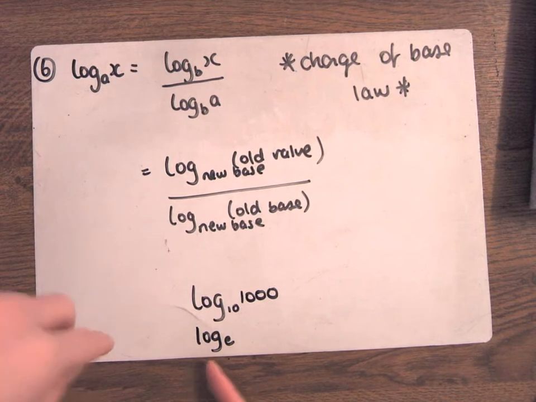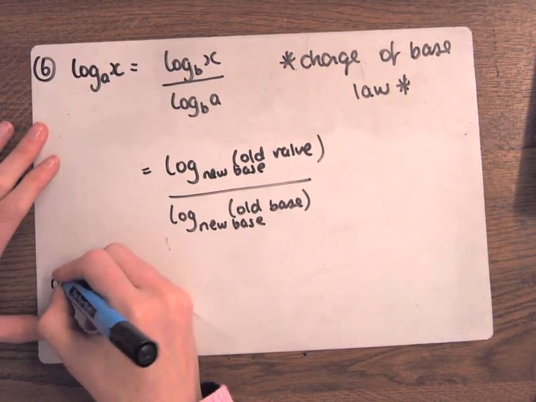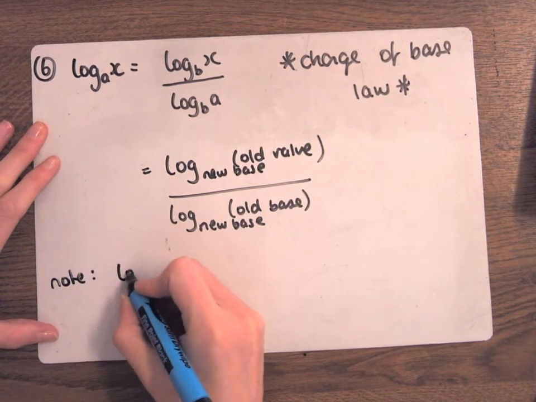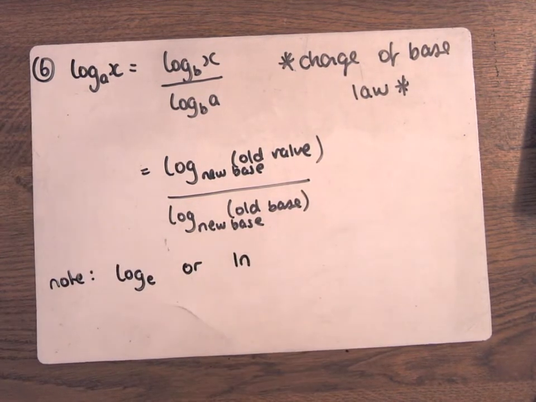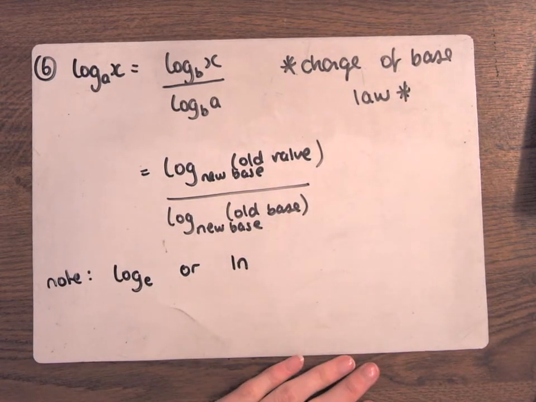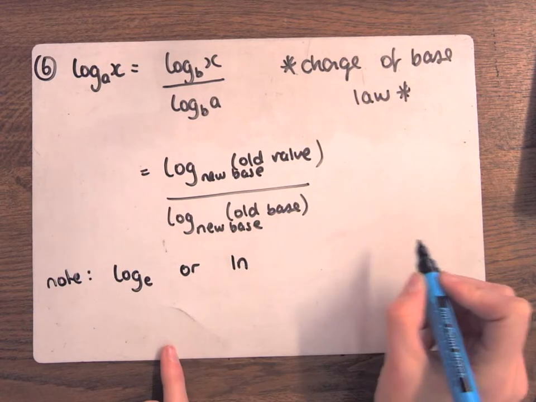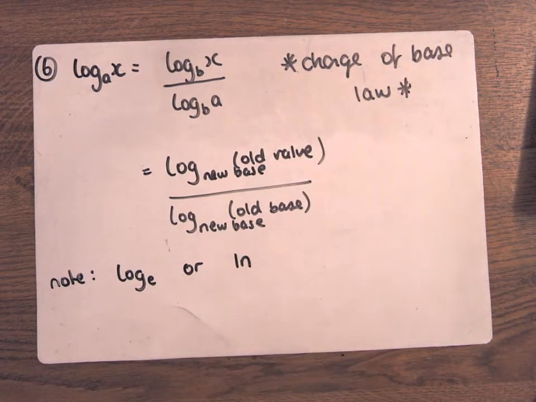Log to the base e, just a little note, let's write this here somewhere. Log to the base e, or ln, same thing. ln of x, or log to the base e of x.